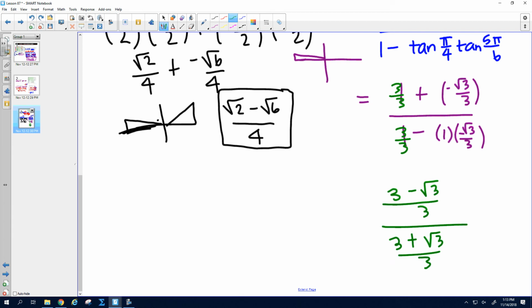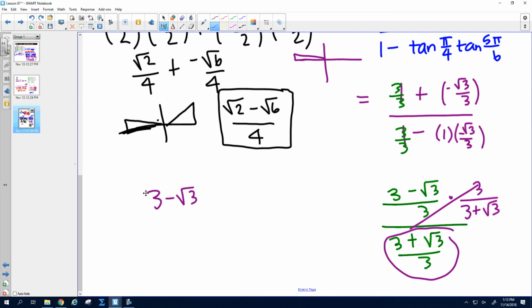And then we flip and multiply, right? I'm going to take this denominator, and I'm going to flip it and multiply. And then this gets even more fun, because you can't have radicals in the bottom of a fraction.